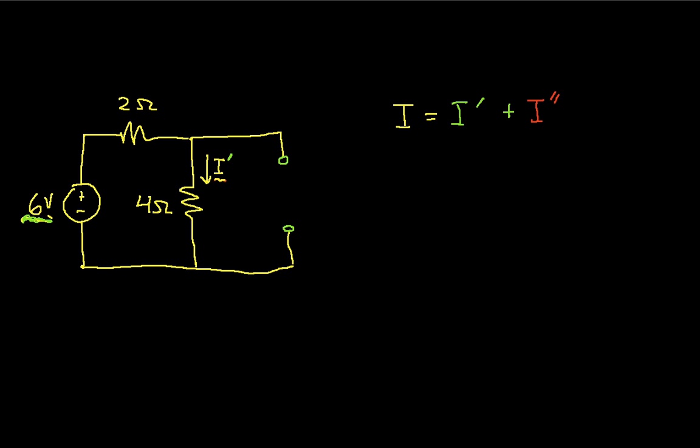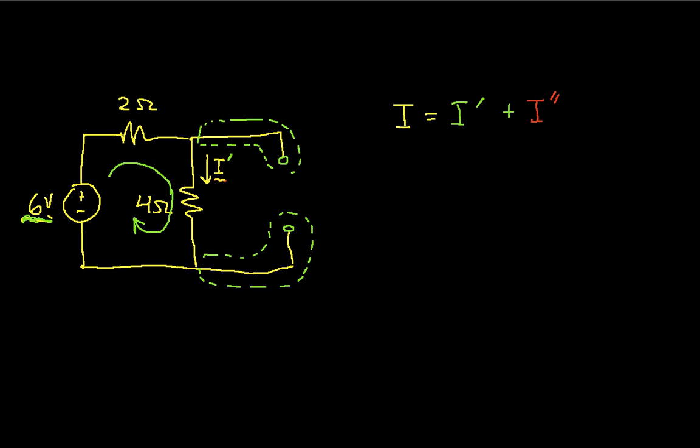If we look at this, these bits of the circuit basically do nothing. They're just wires. So I have a single loop circuit here, with the current flowing around this way.